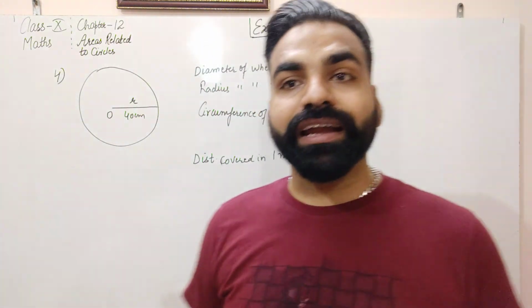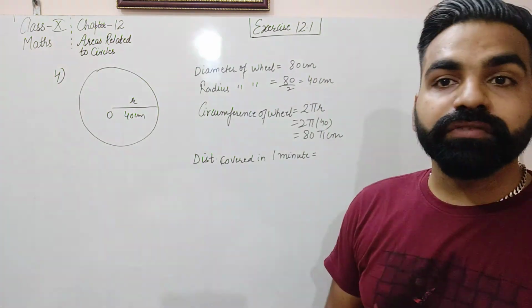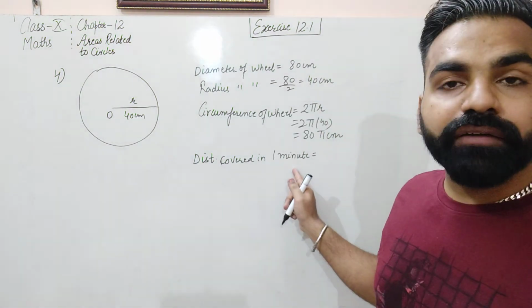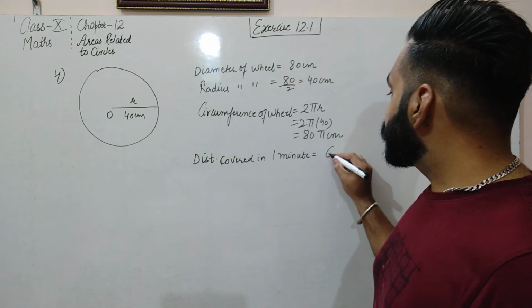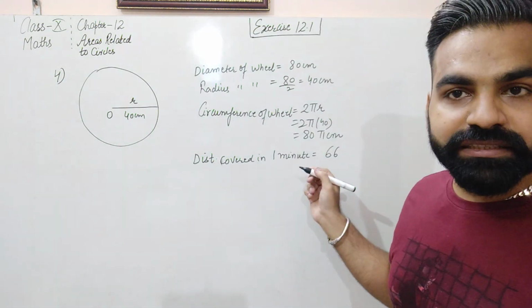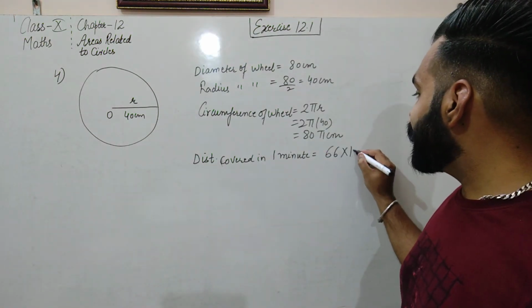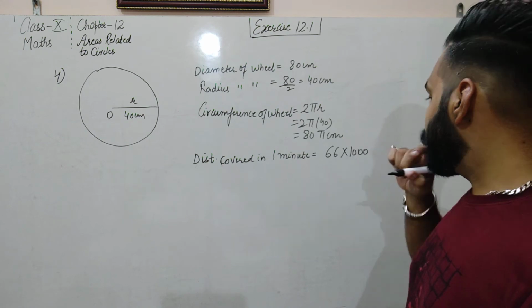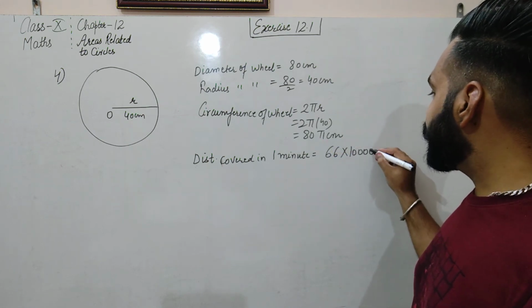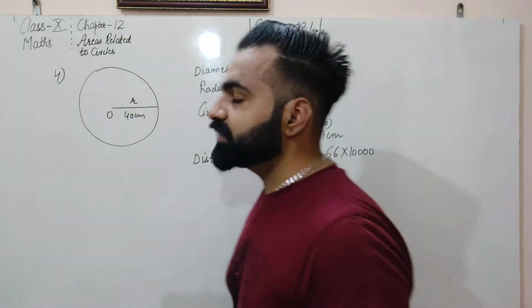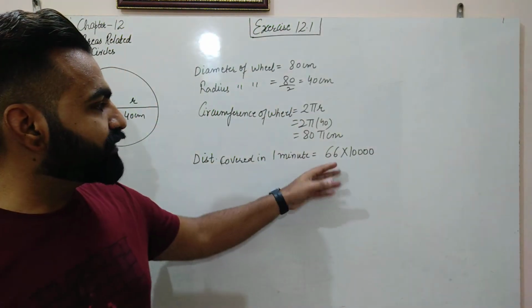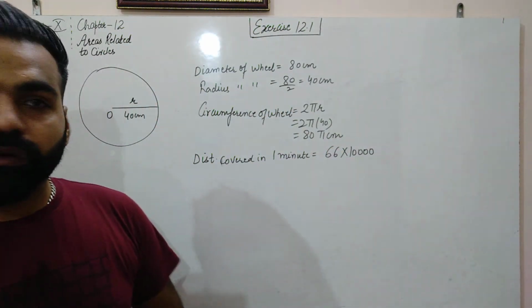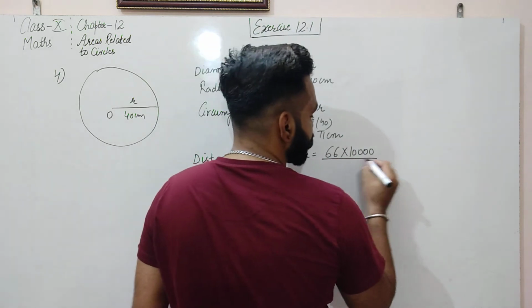So we have to find how much it travels in 1 minute. So what we have to do, we will divide. First of all, we will convert 66 km into centimeter, because the diameter is given in centimeter. So this will be 66 into 100,000 divided by 60.